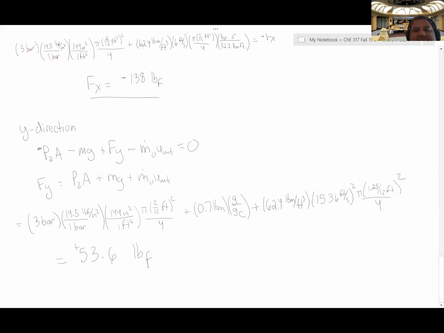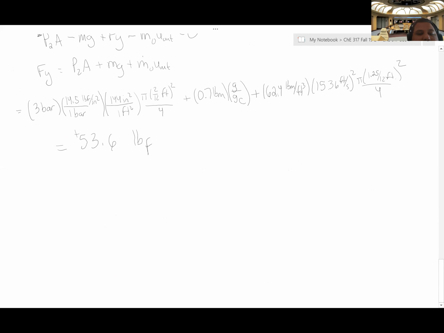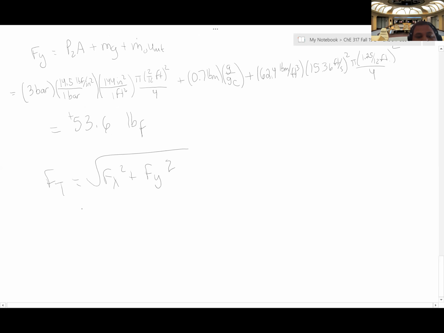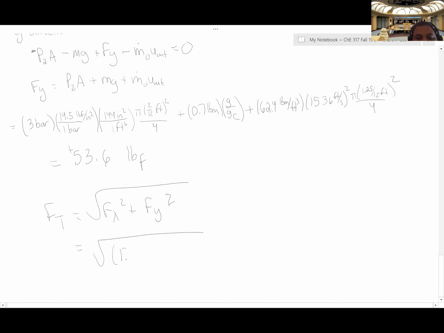So that tells you that the X direction restoring force is to the left, and the Y direction restoring force is up. And so if you wanted to get the total force, you just have to do good old Pythagorean theorem, the square root of Fx squared plus Fy squared, which in this case would be the square root of 138 squared plus 53.6 squared pound force.